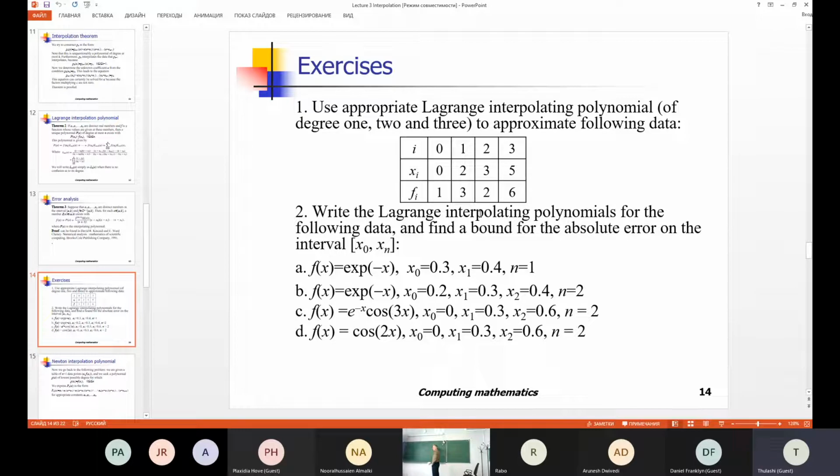This is x0, this is x1, this is y0, this is y1. Please find the formula for the polynomial of degree 1 that interpolates this data.